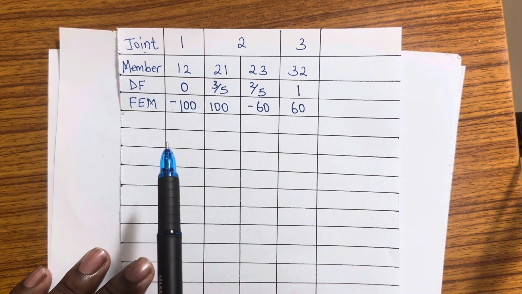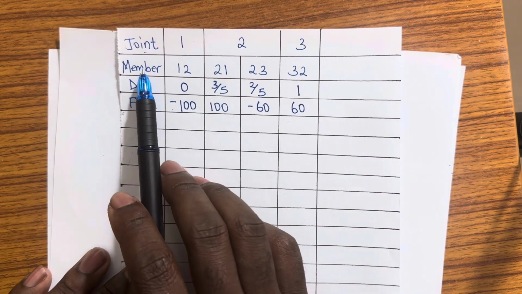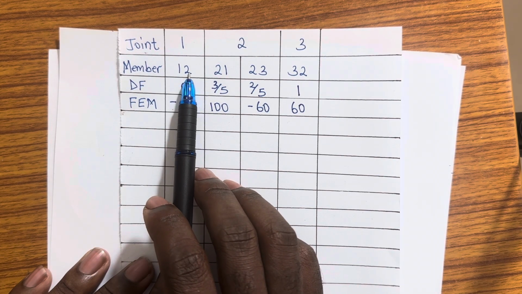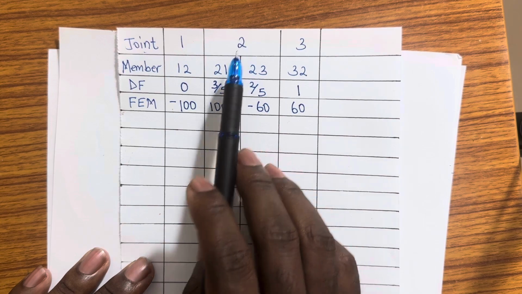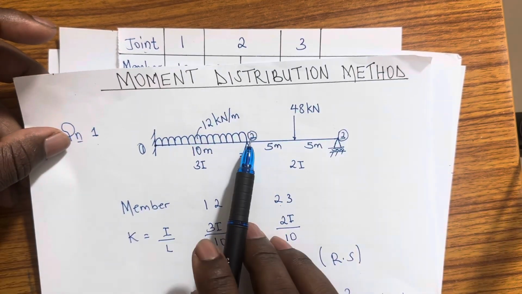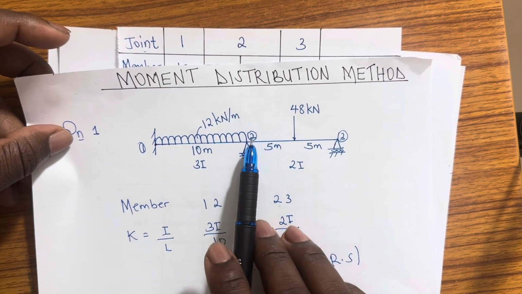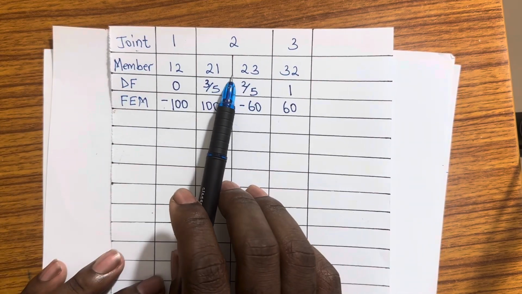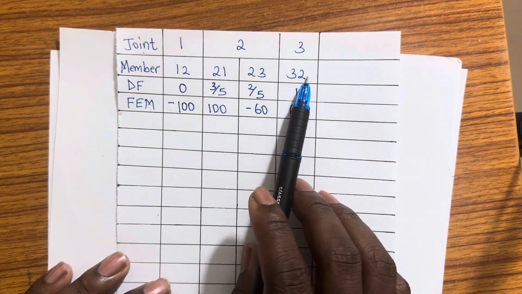Then the second thing is to write the members. We have member 1, 2. Then at joint 2 we have 2 members, a member 2, 1, and then a member 2, 3. Then at joint 3 we have 3, 2 only.